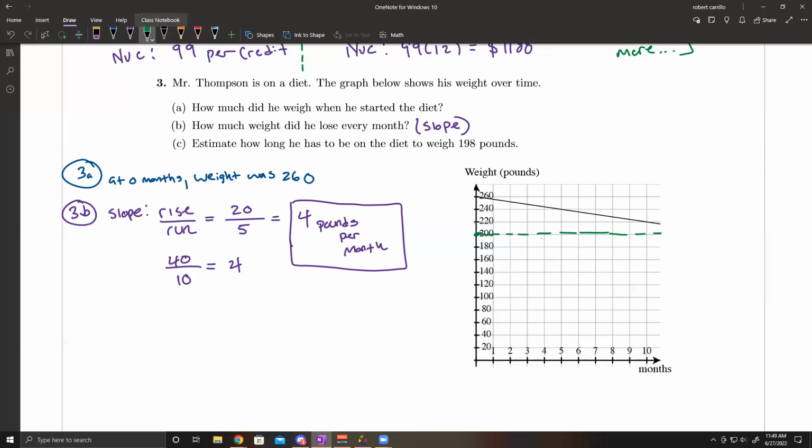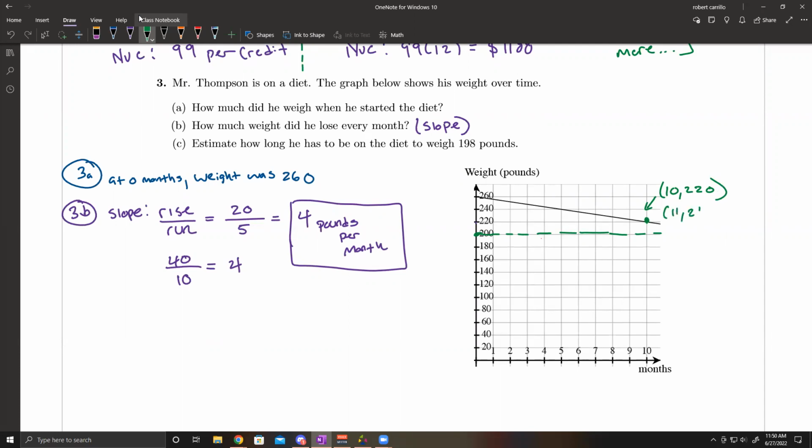But what we do know is the last point we found. This point is at 10 months. And at 10 months, he's at 220 pounds. So now, if he's losing 4 pounds per month, well, in 11 months, he'll be at 216.